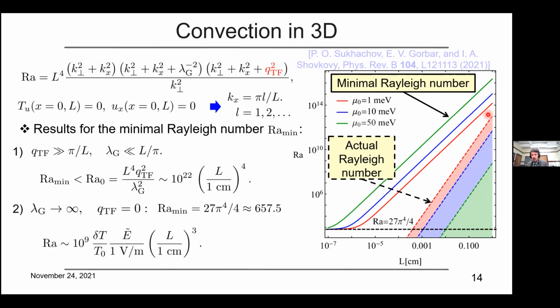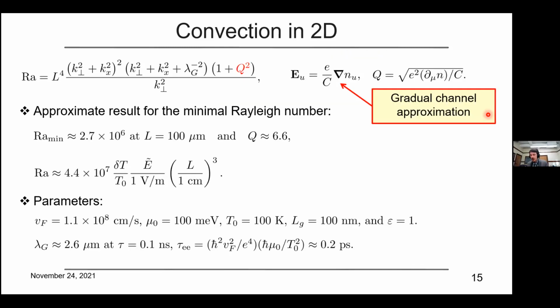What about 2D, you could ask, because in two-dimensional materials, Coulomb forces are usually weaker, and screening is weaker than in 3D. We also calculated the corresponding minimal Rayleigh number in the case of graphene by using the so-called gradual channel approximation, where the field is proportional to the gradient of density.